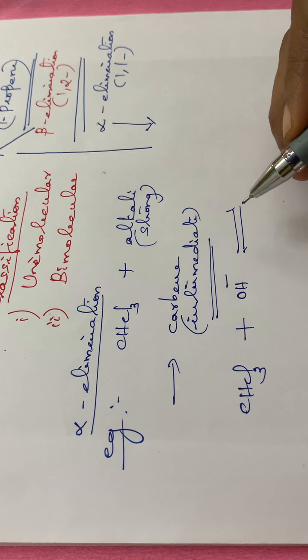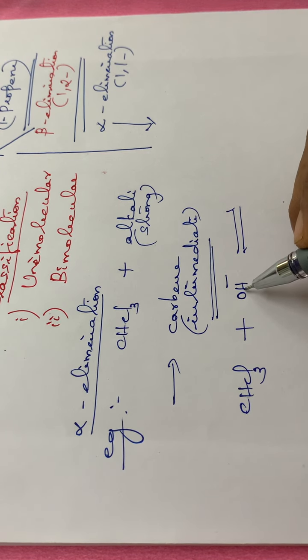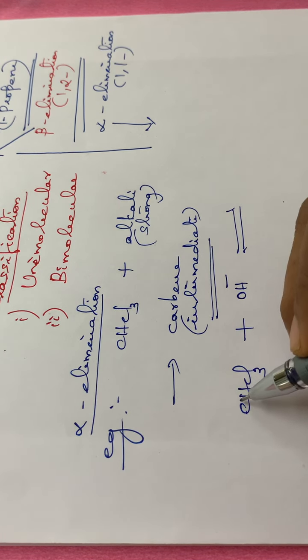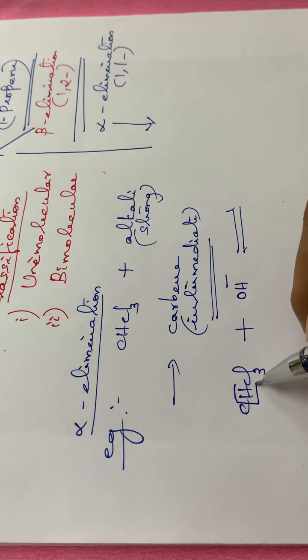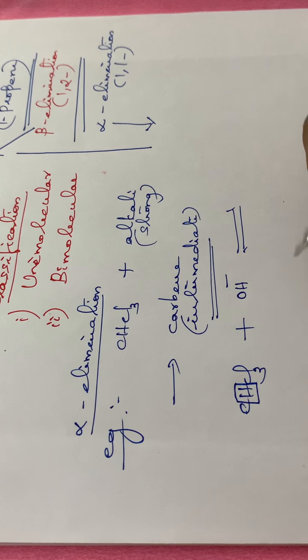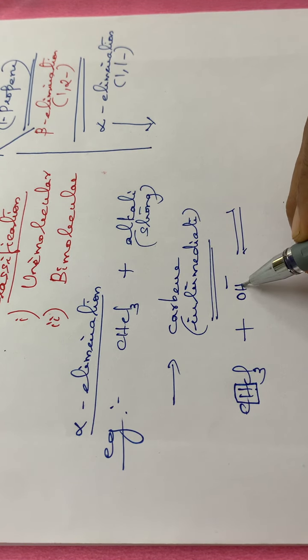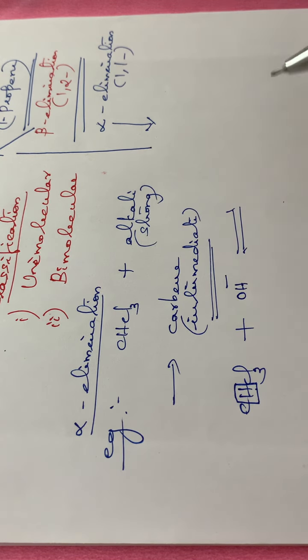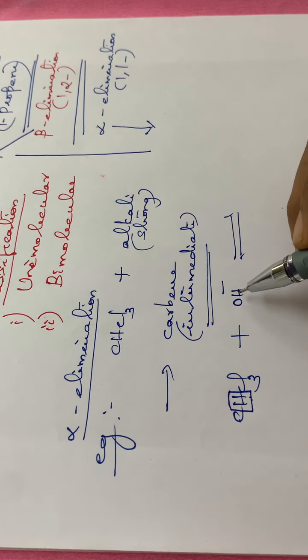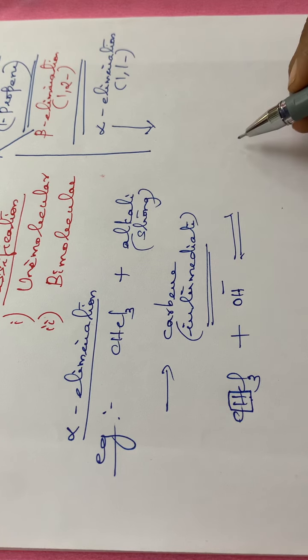In the first step, this OH minus will be abstracting a proton from this chloroform, that is, this hydrogen atom. This hydrogen will be eliminated as a proton, abstracted by OH minus, and removed as a water molecule. H plus plus OH minus is eliminated as water.